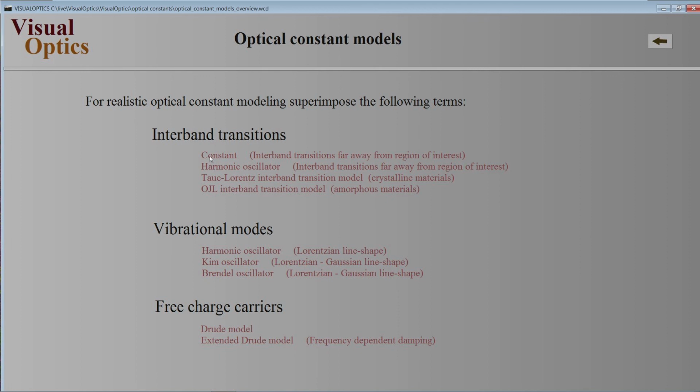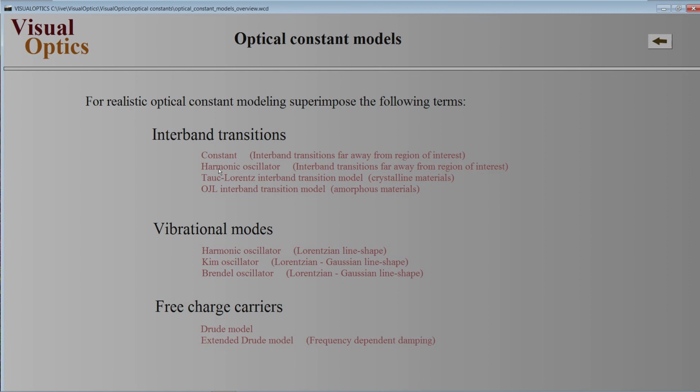Germanium has a constant of 4 in the mid-infrared, but you may remember that the refractive index, the real part, does not stay constant. If we go to higher energies, it usually rises a little bit, and that sometimes can be described, this normal dispersion can be described in a very simple way by placing a harmonic oscillator somewhere in the ultraviolet.